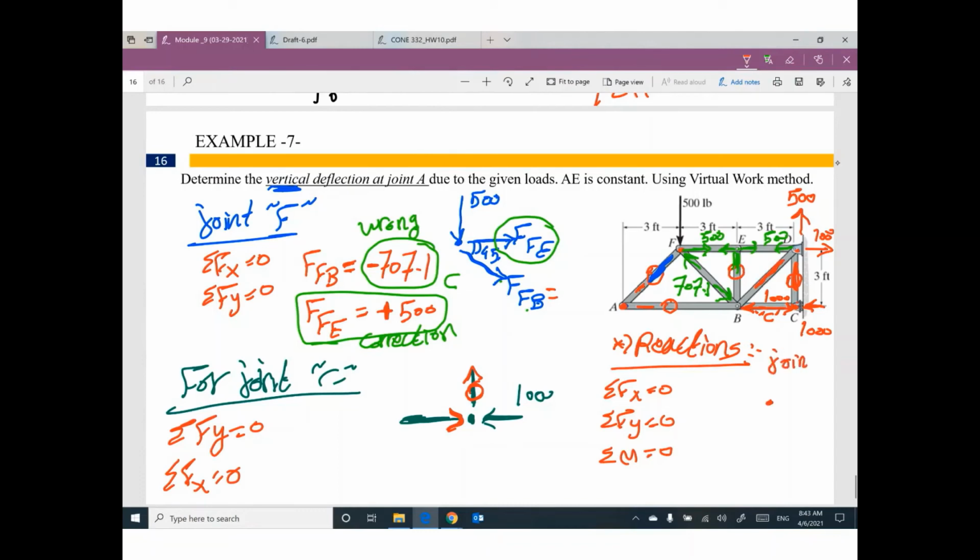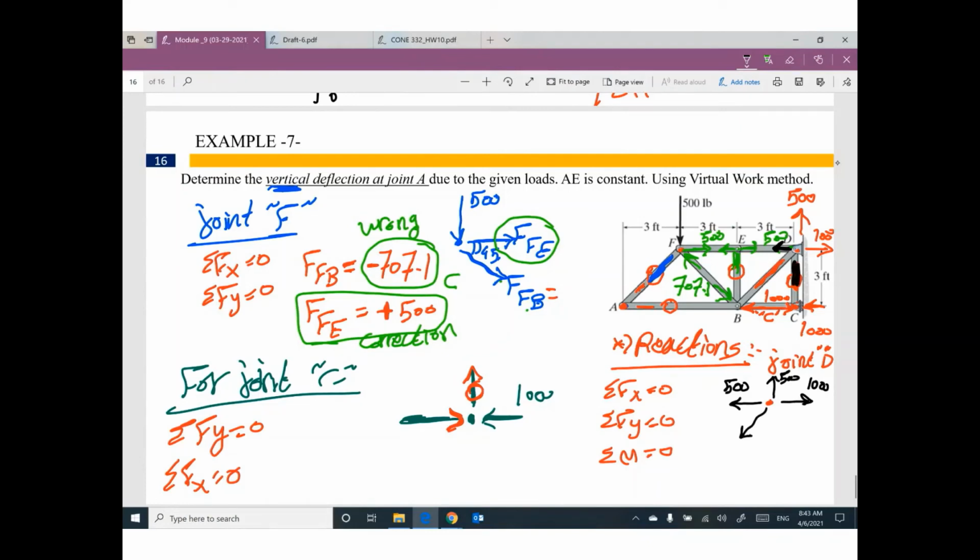Joint D. What do you have at joint D? We have tension here, 500 in this member. We have horizontal reaction here, 1000, and vertical reaction here, 500. And this vertical member is 0. And we have an inclined member here.